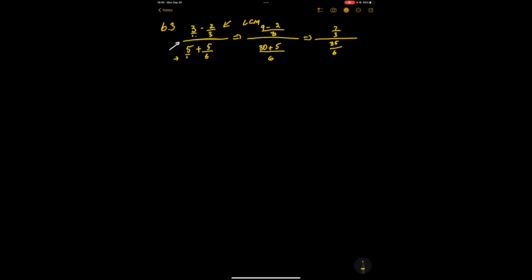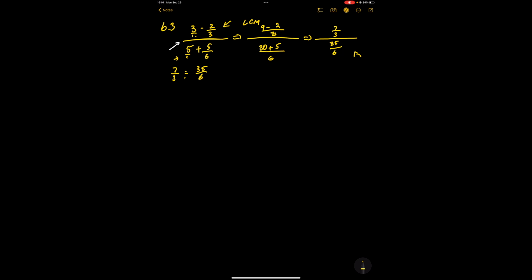What can we do now? We're going to do what we do best. I'm going to rewrite this fraction as 7/3 divided by 35/6. If you remember from the previous chapters, we did division. But when you have fractions, it is best to use the reciprocal.